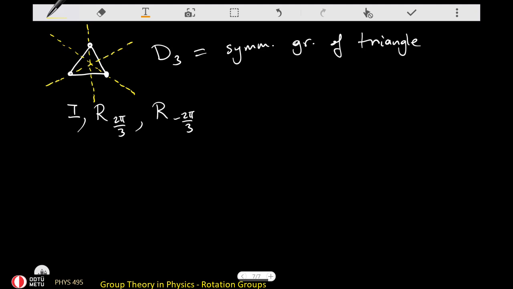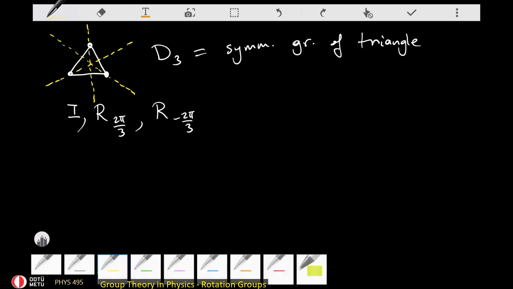Somehow it coincides with the number of corners, but don't get confused by this thing. So let's just take this reflection plane. This is a mirror plane basically. This is an operation that exchanges these 2 corners, and so therefore it leaves that particular corner invariant.